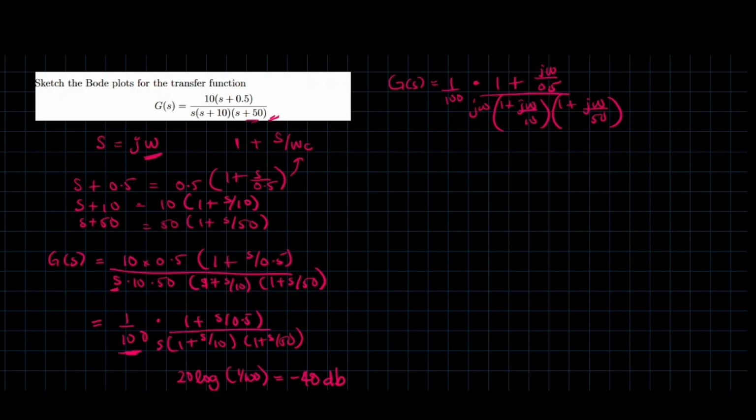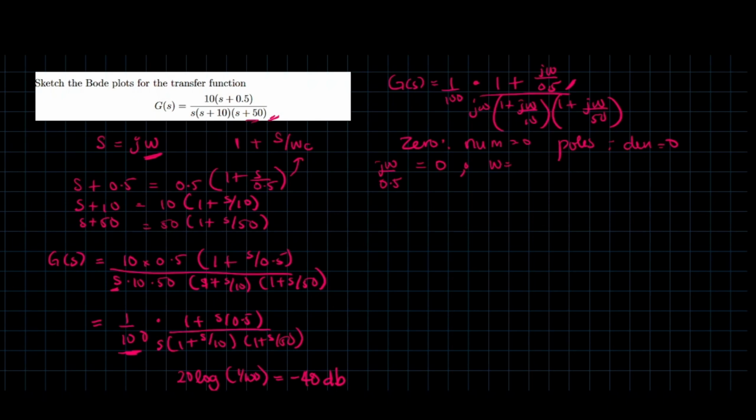Now we simply find the poles and the zeros. Zeros are anything that can make the numerator 0, and poles are anything that can make the denominator 0. So in this case, this is the numerator. We equate that to 0 to find the value.